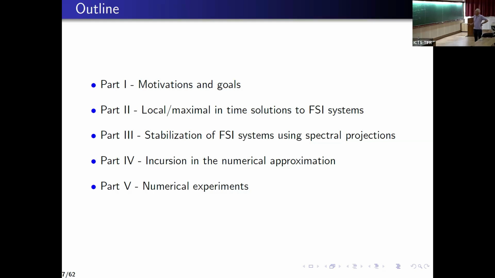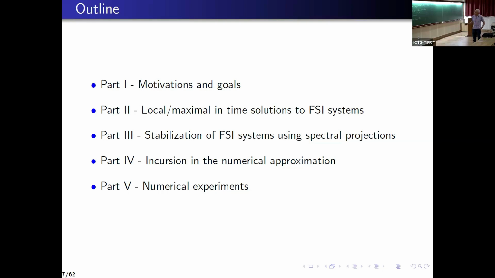So I already presented the motivation and the goal. I start at the beginning, not with the stabilization problem, but by presenting some local in time existence of a solution. Why am I doing that?